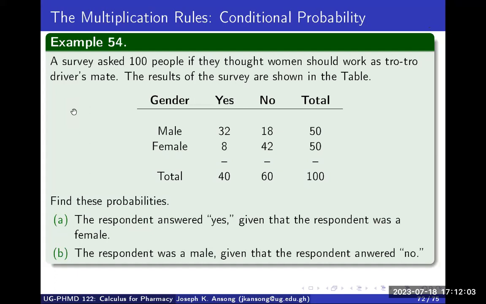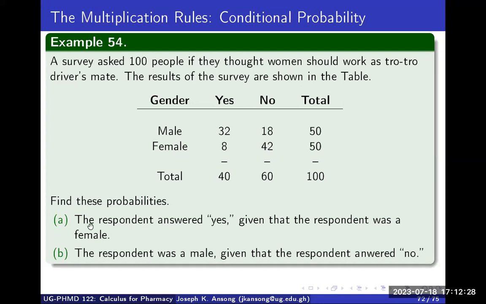Usually they are guys, all right? These are the results. For the males, 32 said yes, 18 said no. For the females, 8 of them said yes, females can. 42 said no. Women shouldn't do that work.